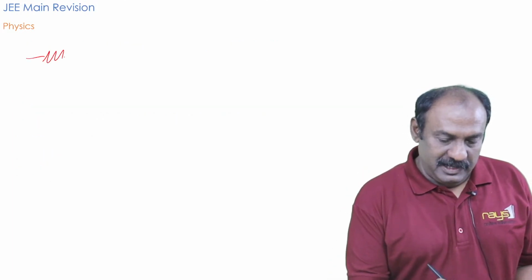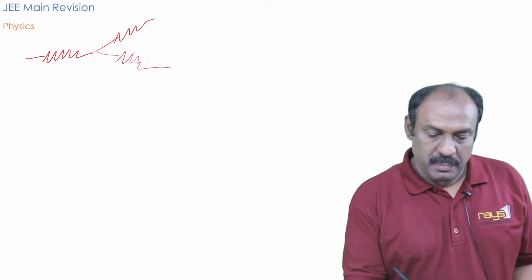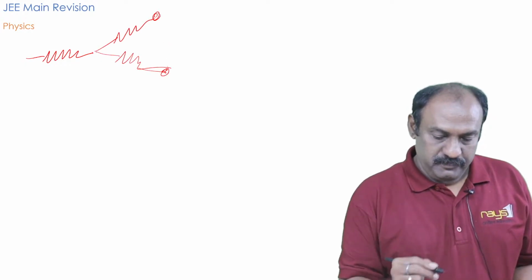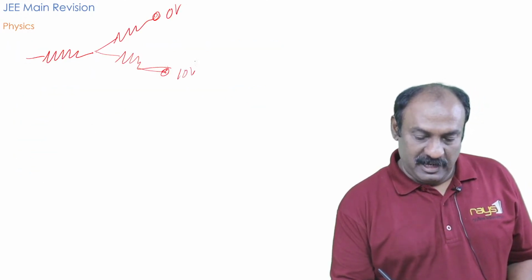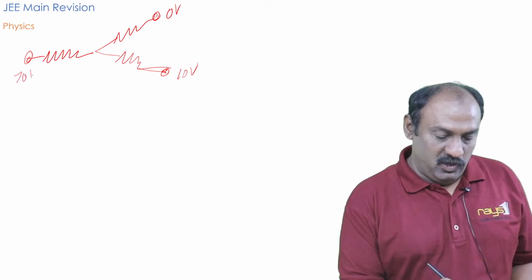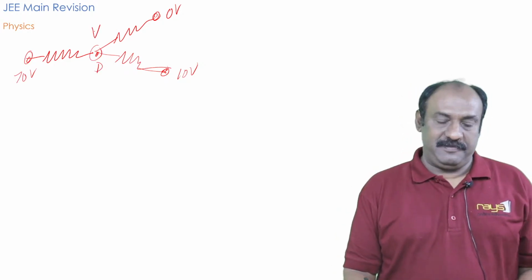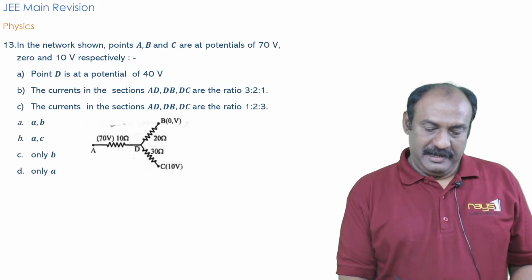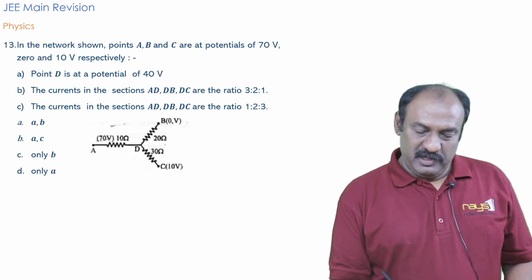So this is the given circuit. Here this is 0 volt, here it is 10 volt, and this one is given as 70 volt. This is D, let V volt be its voltage, and it has a 10 ohm resistance, here it is 20 ohm, and 30 ohm.